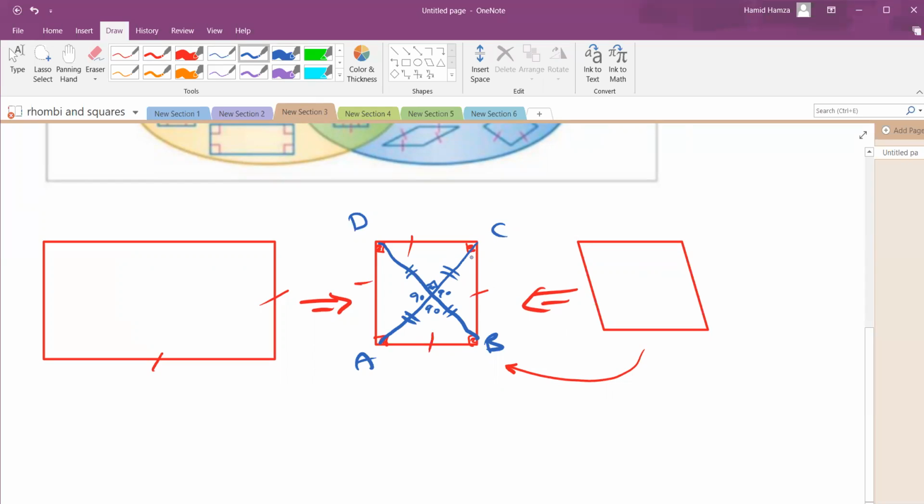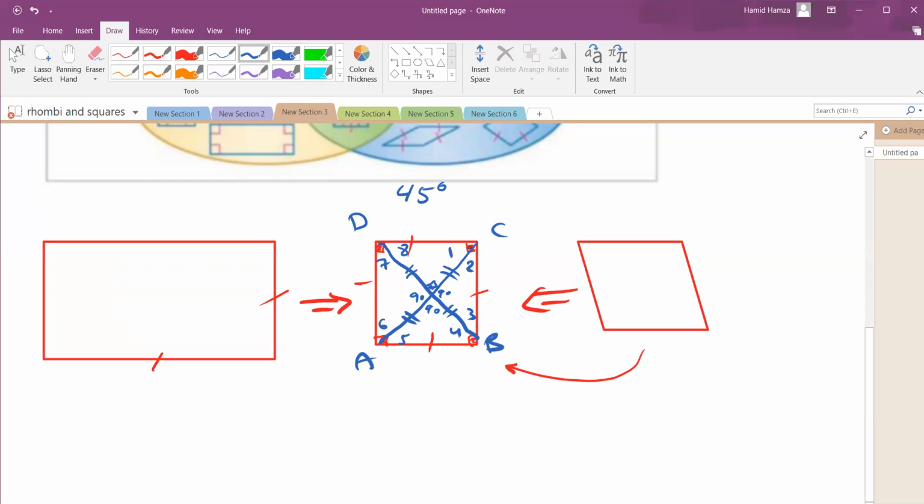Also, when we join the opposite corners to form the diagonals, you will notice that we get 8 angles: 1, 2, 3, 4, 5, 6, 7, 8. All of them are equal, and the measure of each one is 45 degrees, because we divide 90 by 2.